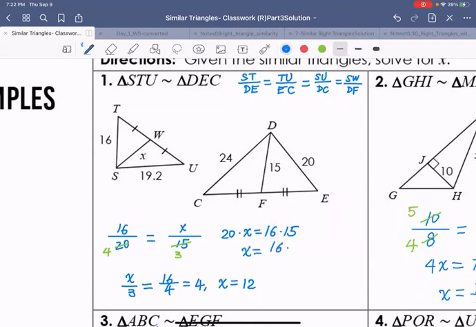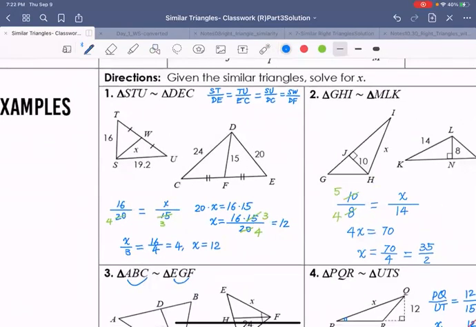X equals 16 times 15 divided by 20. You can also do the simplification here. 15 over 5 is how much? 3. 4. And then 16 over 4 is? 4. So x is 12. Does this make sense for you now? Yeah. Okay. This will also work, okay? But if you are not comfortable with this way, you can do this way.